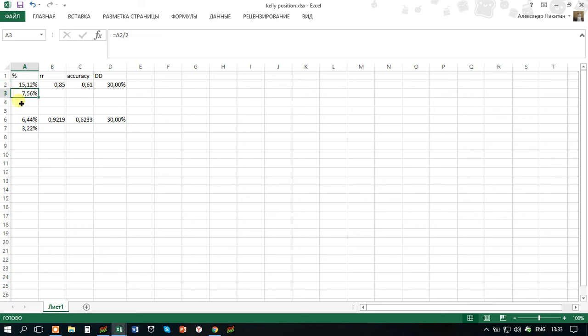So if I divide it by 2, it should be 7.5. Yes, agree. But in some cases, if I trade this large position size, my drawdowns will be very, very close to 100%. I won't lose everything, but at times I will have very huge drawdowns.